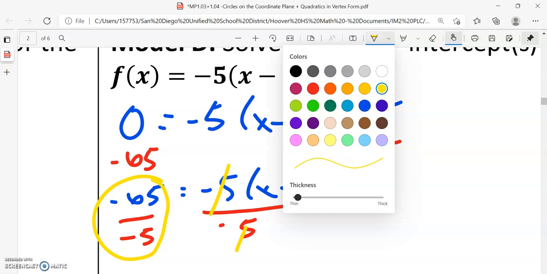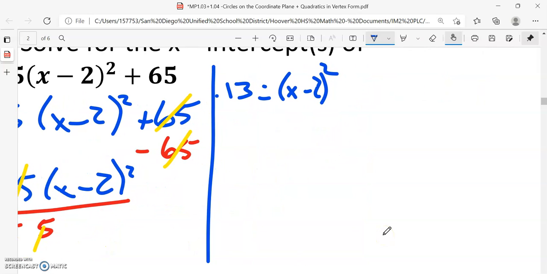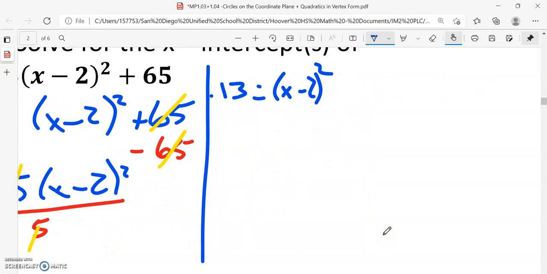Do that in a calculator. So we get 13 over here equals (x minus 2) squared. That's a positive 13. That dot's not part of that number. It looks like it is, but it's not.